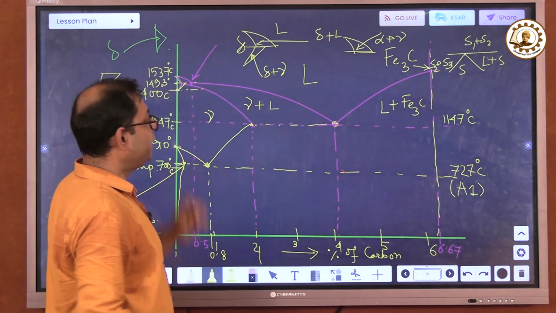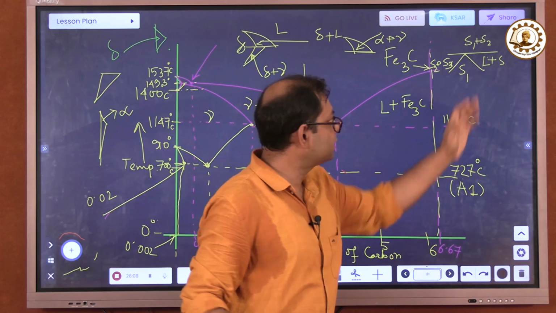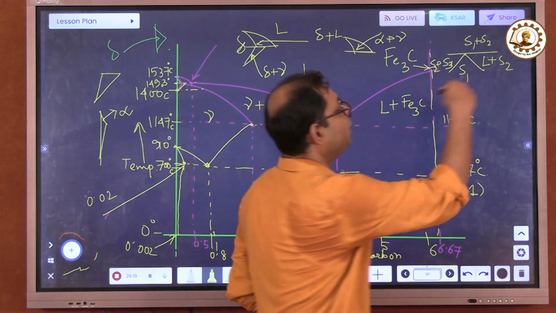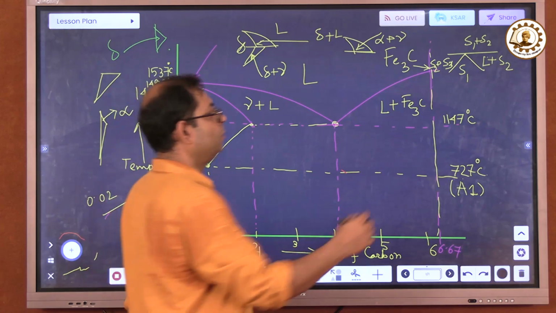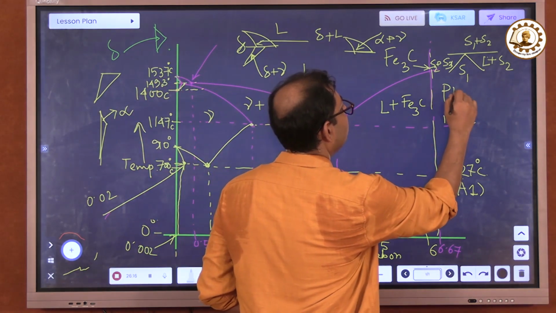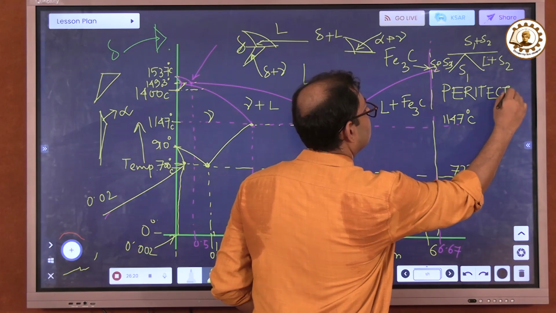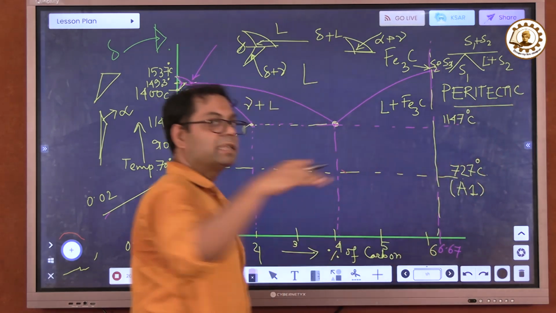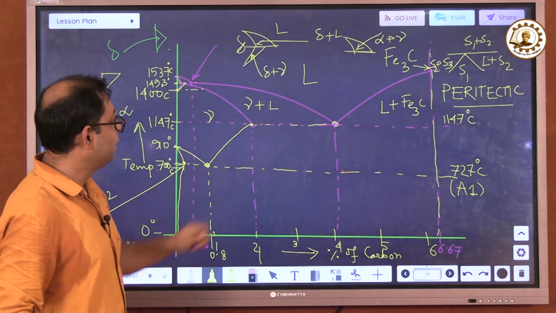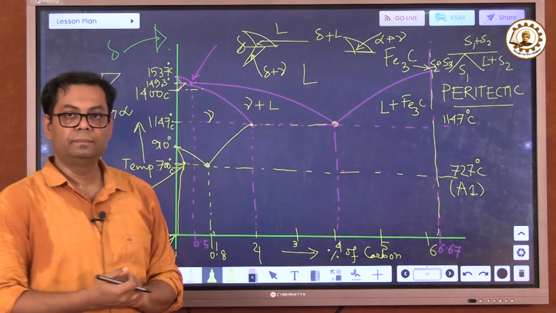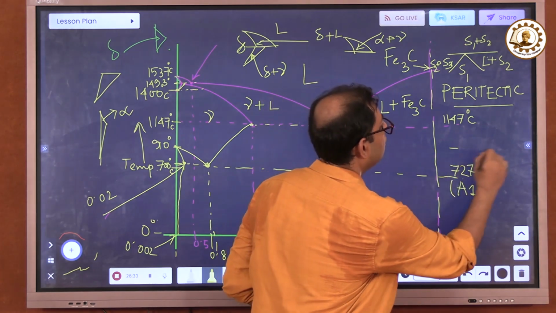Below it one particular type of solid, and at the right side it is producing liquid plus another type of solid. This type of reaction is very common in terms of peritectic. So it is called a peritectic reaction, and it is called a peritectic point.